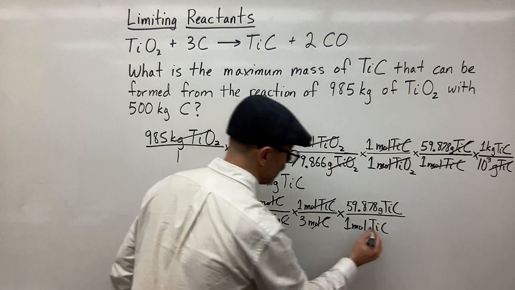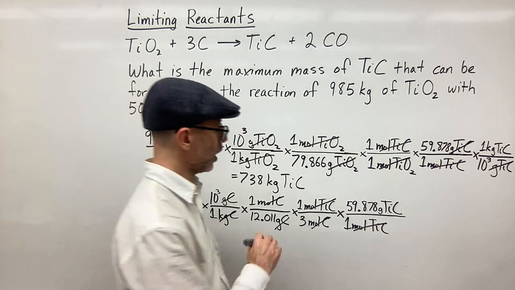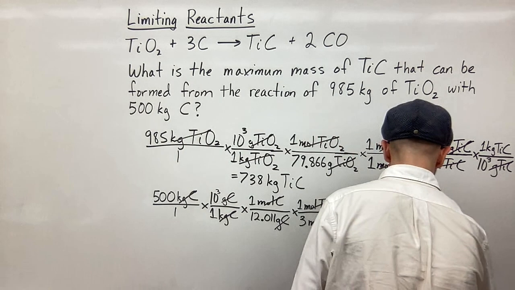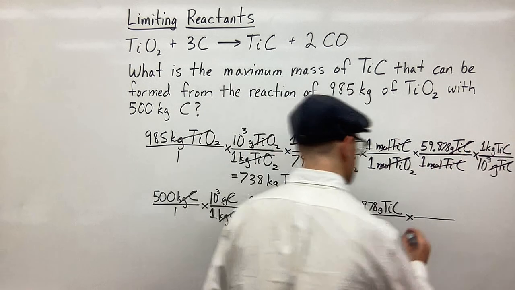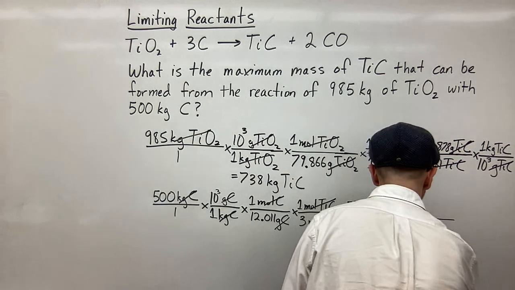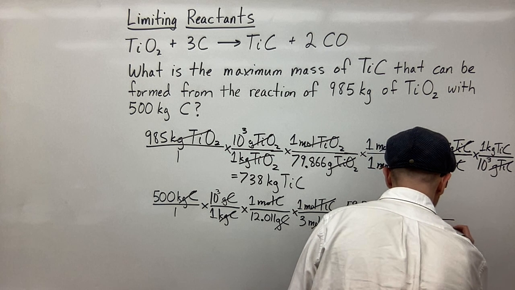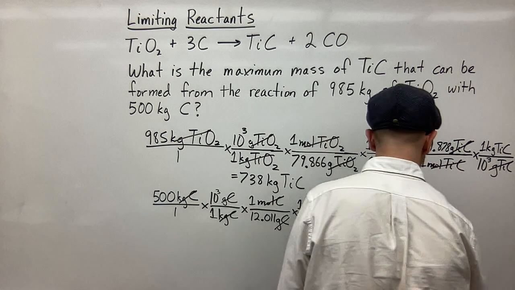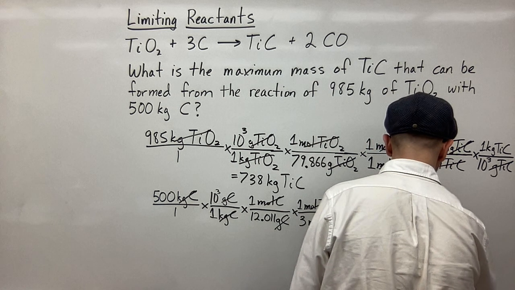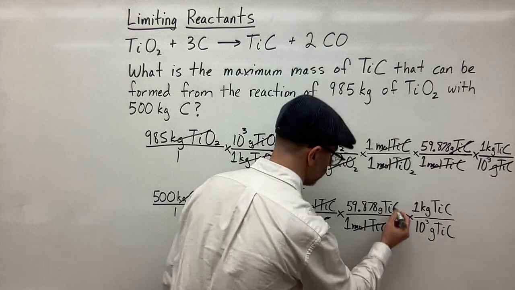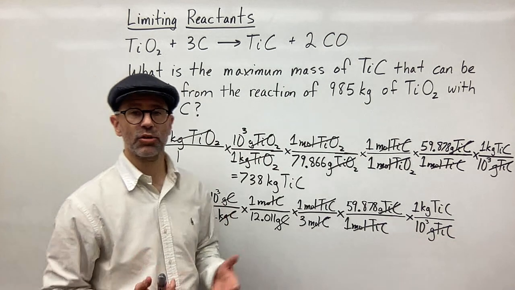So moles of TiC cancel out. Now I have grams, but I want kilograms. So I'm going to use 1 kilogram is equal to 1,000 grams again. So this is going to be 10 to the third or 1,000 grams of TiC on the bottom, and then 1 kilogram of TiC on top. So grams cancel out. Now I have kilograms, which is what I want.